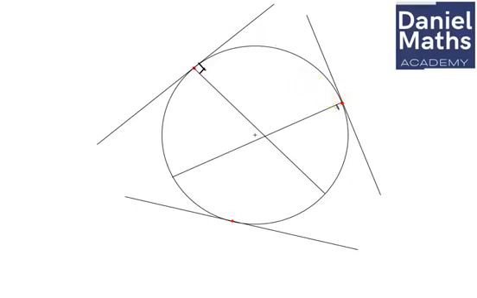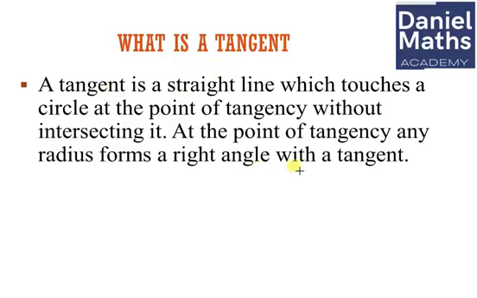So this is another tangent that is being created, another angle 90. This is the essence of what we can see from this diagram.